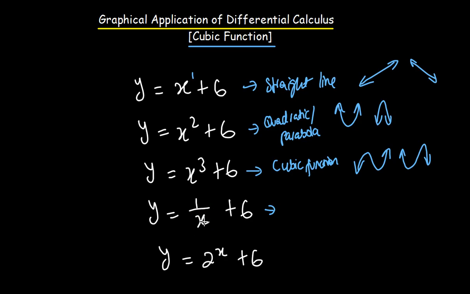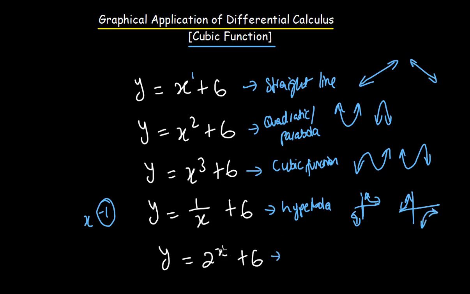All right, and then here the x is a denominator, right? You can say here the exponent is -1. So if your exponent is -1, it means you are dealing with a hyperbola. Okay, you're dealing with a hyperbola, which is like this, or it can be like this, right? And then here, if the exponent is x, then you should know that we are dealing with an exponential.